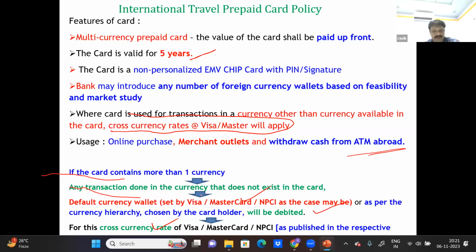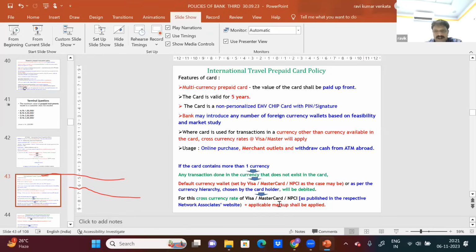Cross currency and the applicable markup shall be applied. The charge, the 3% I told you, will be applied. Again I am repeating, sir, if the card contains two or three currencies but you went to a country where none of these currencies is available, which currency will it take?